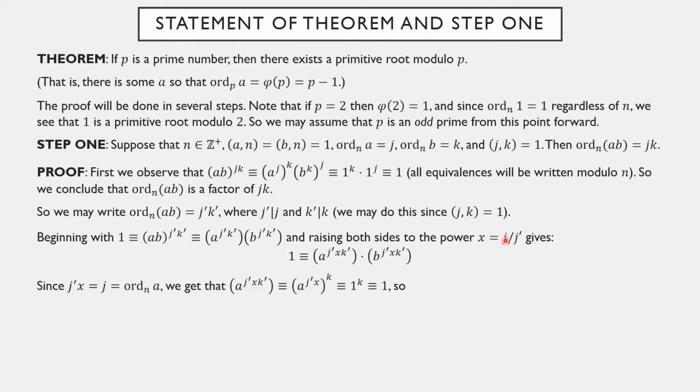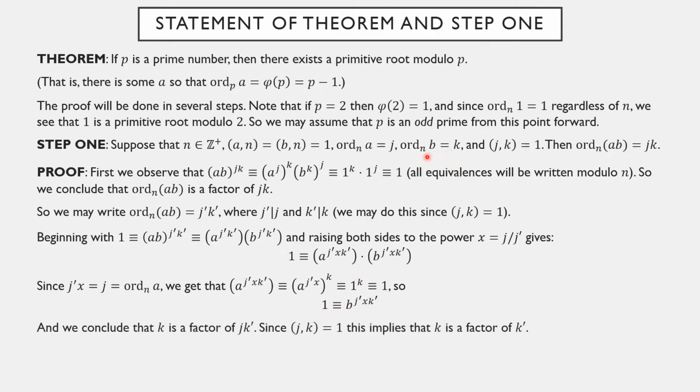J prime x is j. J was the order of a. So here I just get a to its order, which is 1. So I get 1 to the k prime, or just 1. So this term here is just going to be 1. So 1 is equal to 1 times whatever this is. Therefore, we have found a power of b equivalent to 1 mod n.